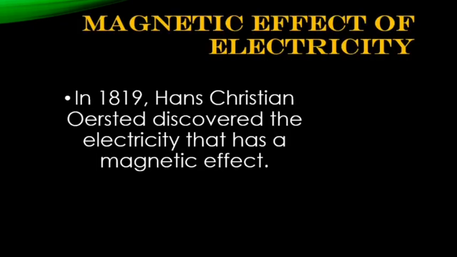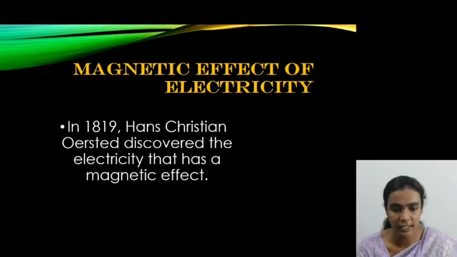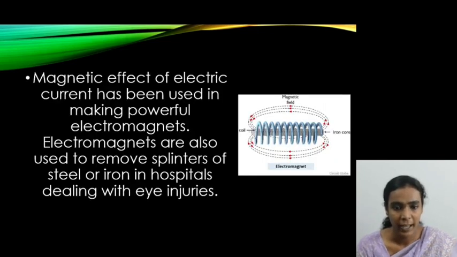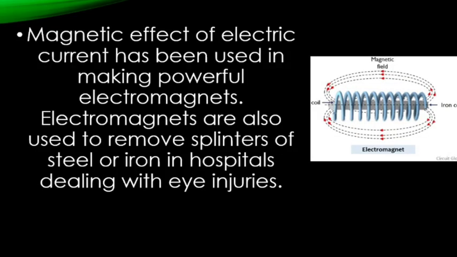Magnetic effect of electricity. In 1819, Hans Christian Ørsted discovered that electricity has a magnetic effect. An application of the magnetic effect of electric current is the electromagnet. It has been used in making powerful electromagnets.